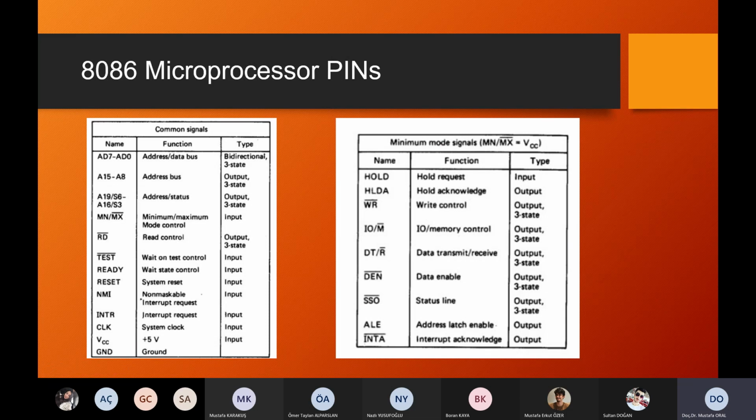This table is important because in the past I have asked questions from these tables in almost every midterm exam. I wanted you to complete the table carefully. These tables are important as they are.